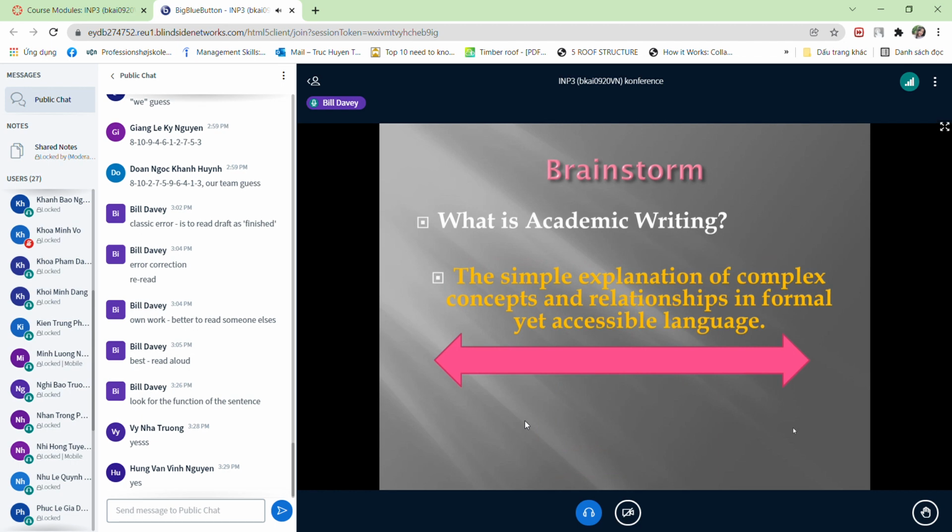So that is, if I am writing my assignment like you are, I am trying to write about complicated things in a way that most people can understand them. So that is actually quite difficult. It's a difficult skill. And this means, of course, the reader must be able to understand.